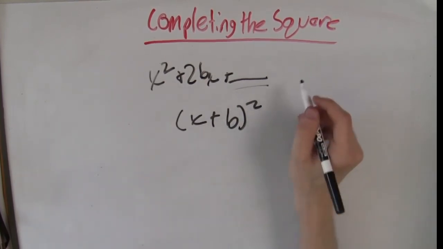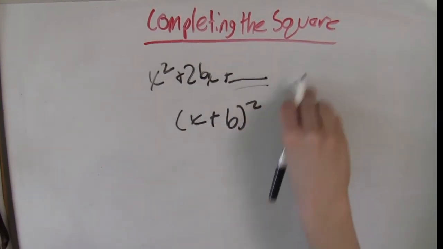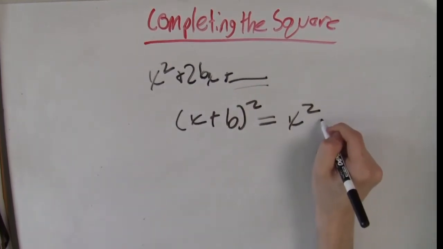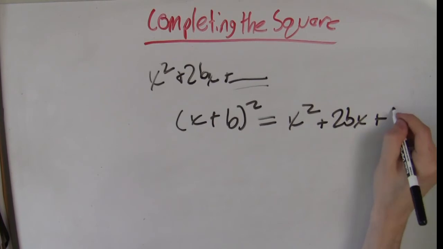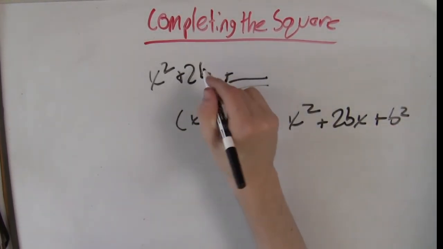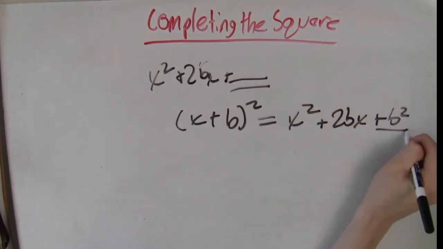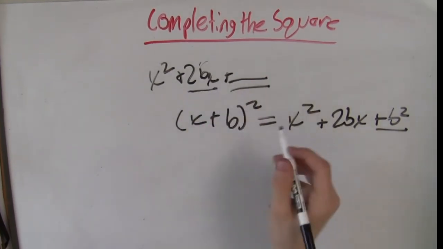Well, we know that if we were to expand this out, we get x², plus 2bx plus b², right? So this term is going to be our b² term. But in order to find b, we just use this term.